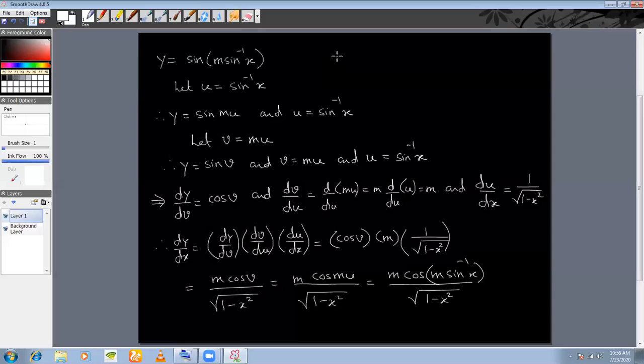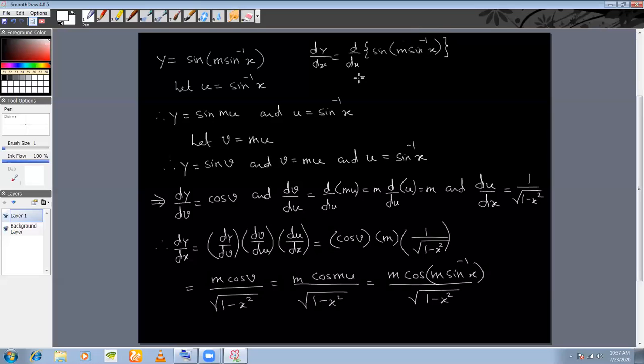If we would have differentiated directly, how would we do? dy/dx is equal to d/dx of sine (m sine inverse x).